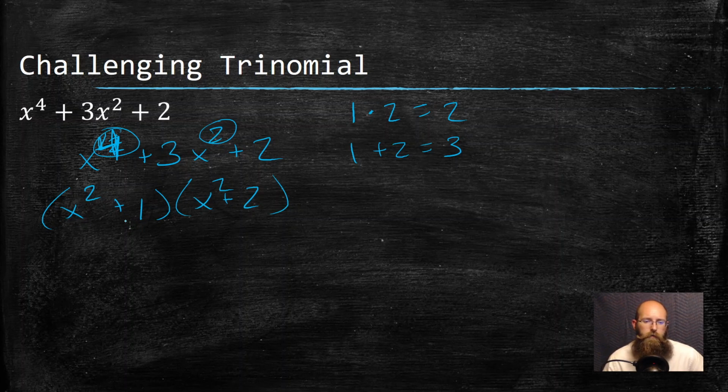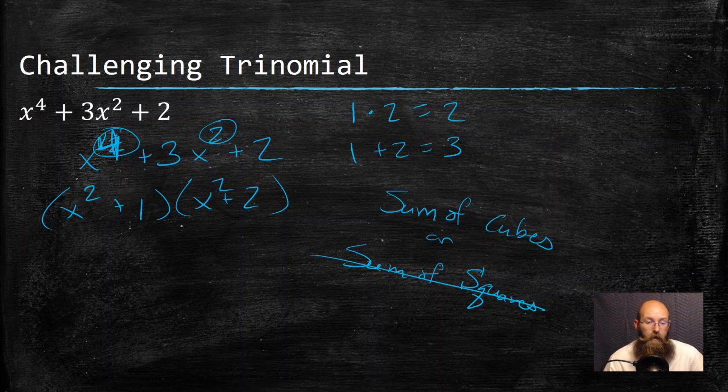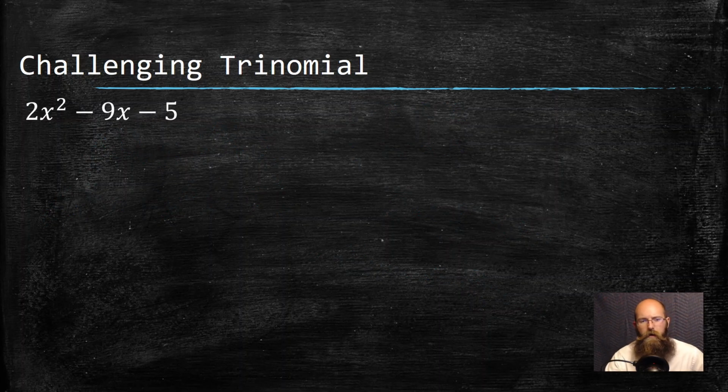So since there are only 2 terms in each of these, I would look towards my sum of cubes or my sum of squares formulas. And you'll notice that neither of those are sum of cubes or sum of squares. And actually, sum of squares wouldn't even apply here anyway. So there's that.